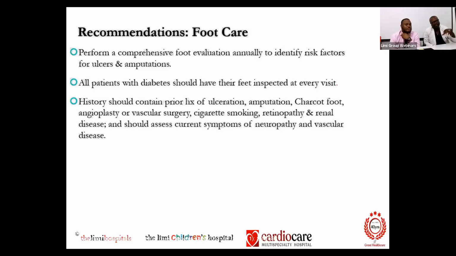So basically, foot care is very important. Advise the patient, please do not walk around barefooted. Always wear slippers, most times sliding ones, and do not wear tight-fitted shoes. Take care of your foot. Don't use sharp objects in cutting your nails so that you cannot injure yourself.